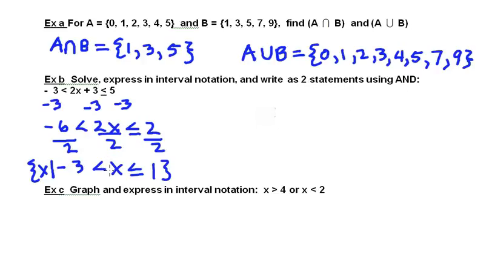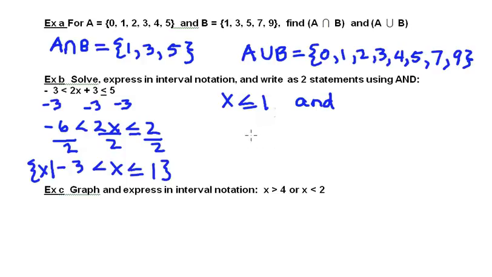So I'm going to look at the first portion of the inequality on the right-hand side and say that x is less than or equal to 1. But at the same time, while that number has to be less than or equal to 1, it also has to satisfy the other condition.